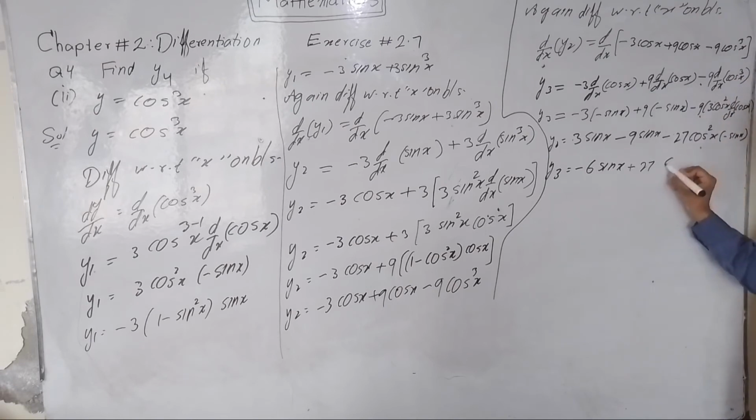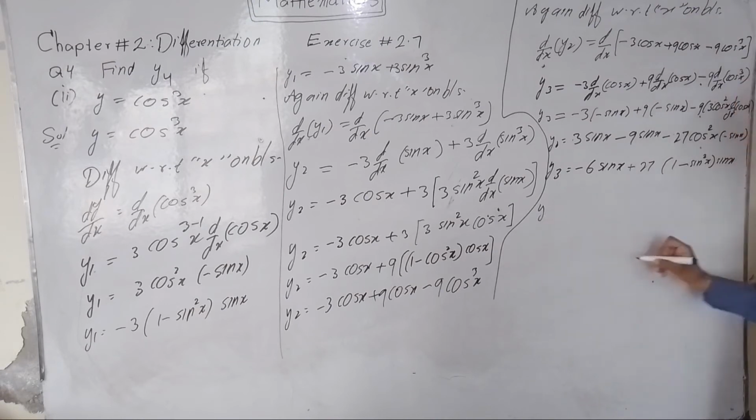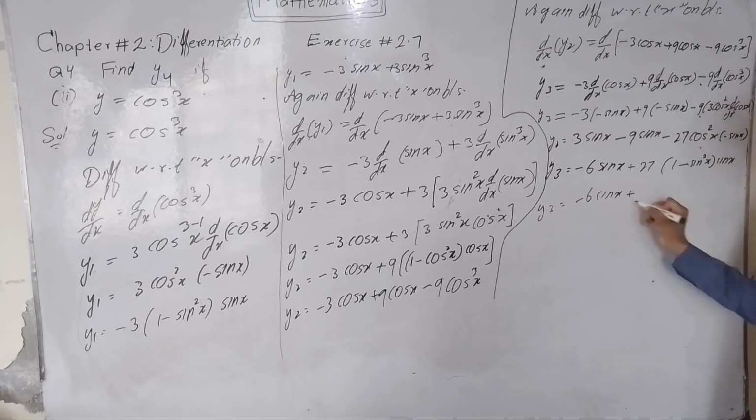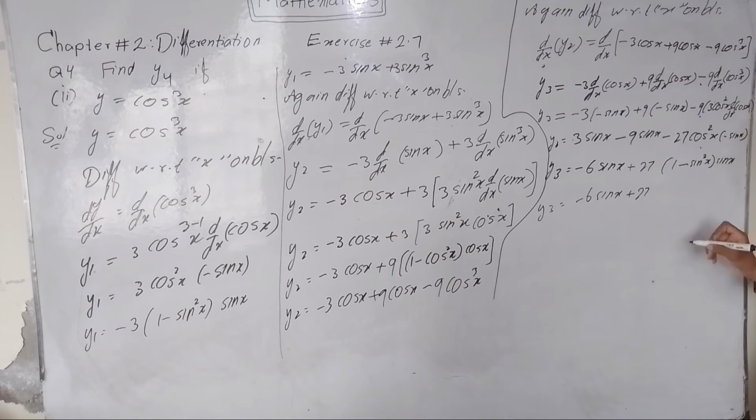cos square x can also be written in the form of 1 minus sin square x, into sin x. So y3 is equal to minus 6 sin x plus 27 sin x, plus 27 sin x multiplied by 1 minus sin square x, which gives minus 27 sin cube x.